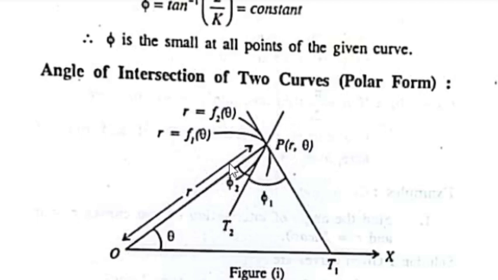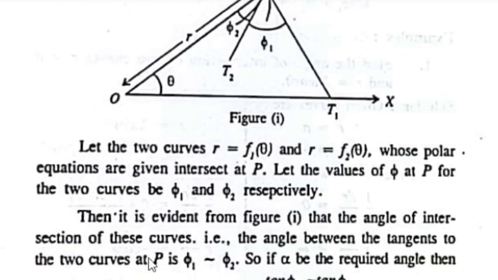If we subtract phi 2 from phi 1, then this angle remains. This angle is nothing but the angle between the tangents, which is the angle of intersection of two curves.